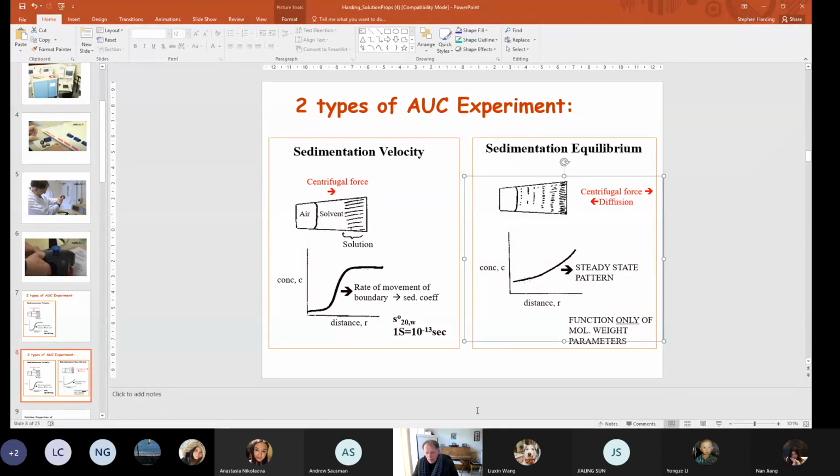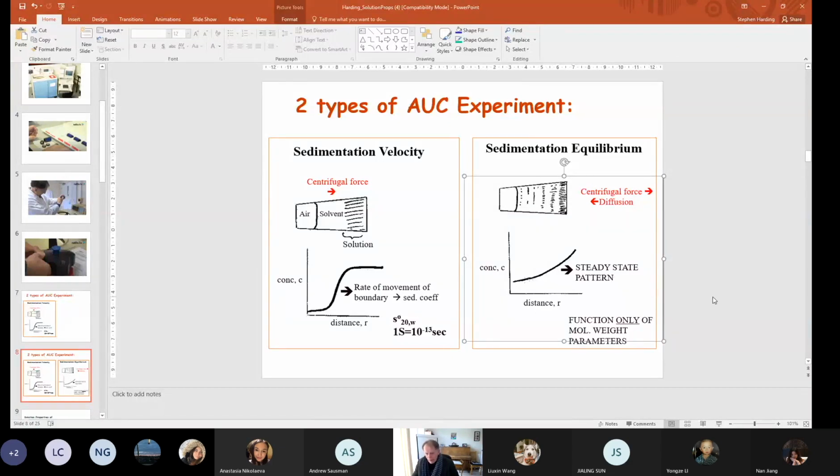So with the same instrumentation, a centrifuge, we can get two types of measurement. Sedimentation velocity, where we measure the sedimentation coefficient, the Svedberg value, and at slower speeds, we can measure the molecular weight or molecular weight distribution with the sedimentation equilibrium technique.